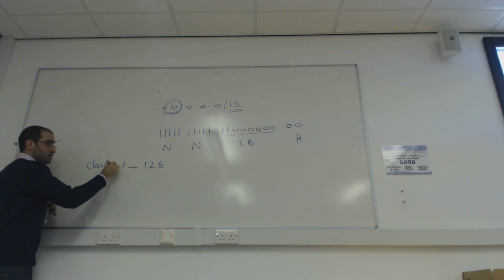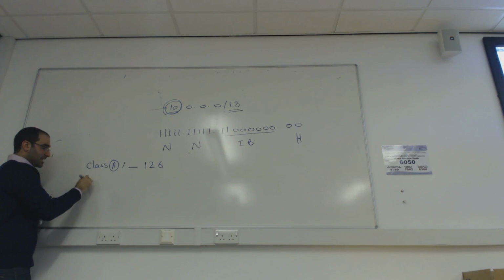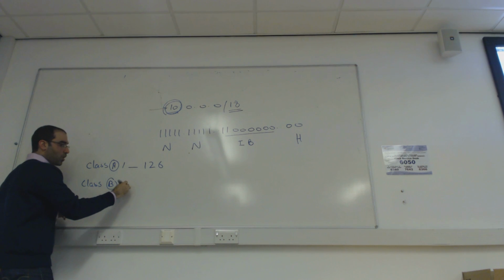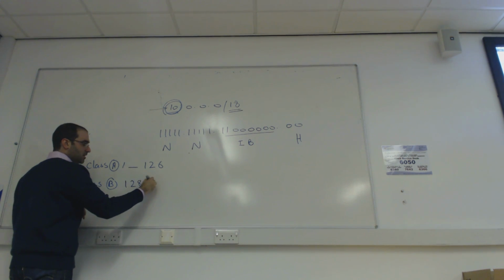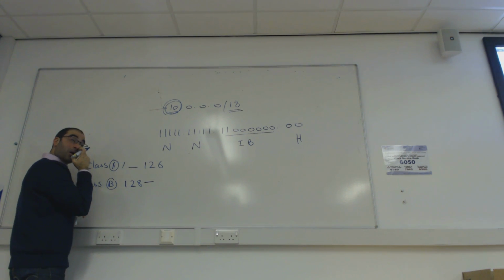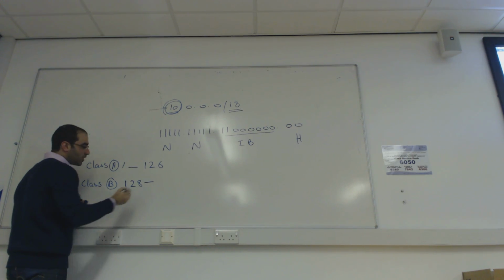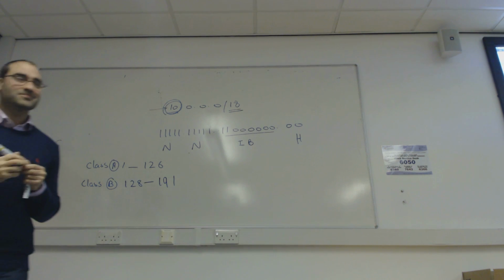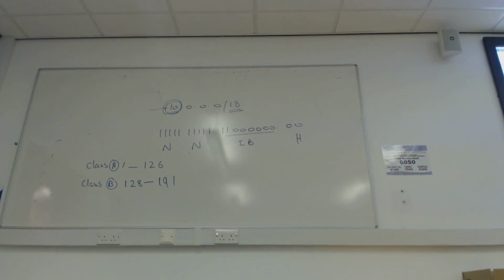If it's class B, that's from 128 to 191. You can Google it, you'll find it.